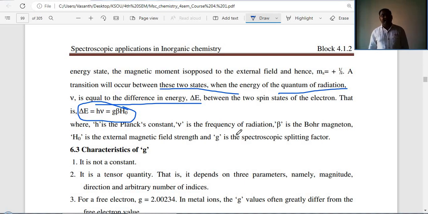That is also written as g beta H naught, where h is the Planck's constant, nu is the frequency of radiation, beta is the Bohr magneton, H naught is the external magnetic field strength, and g is the spectroscopic splitting factor.